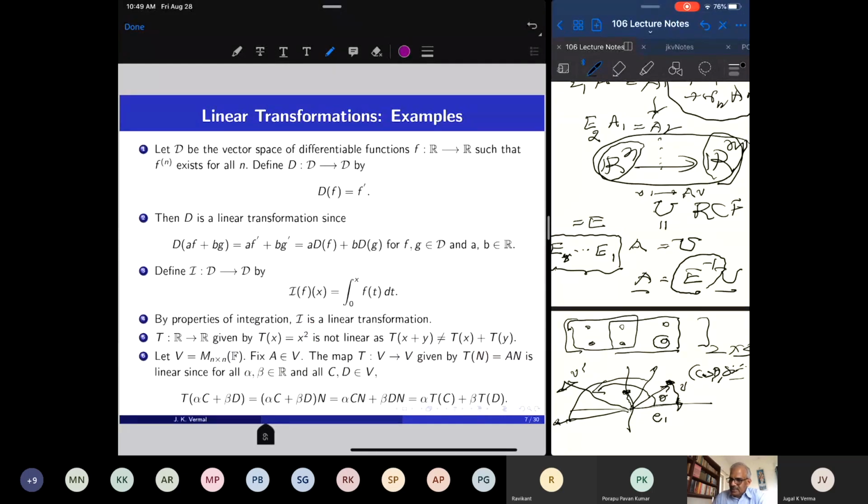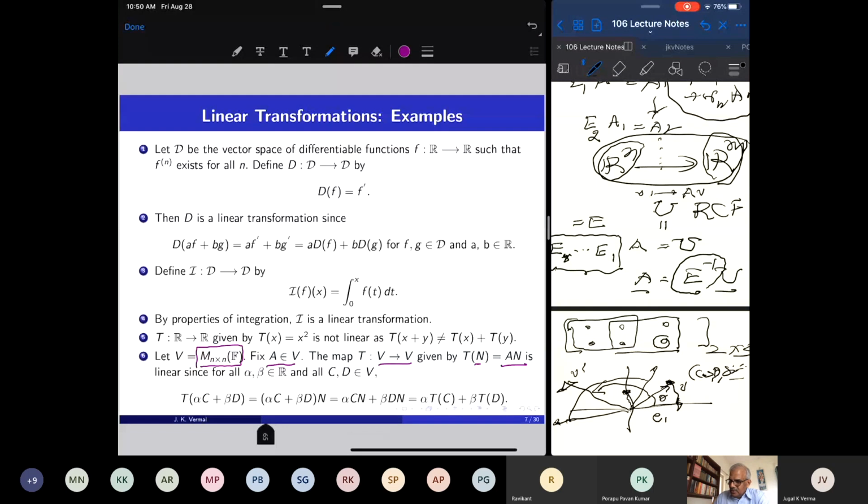Let's produce another linear transformation. Look at the vector space of n by n matrices over a field. This is a vector space of dimension n squared. Now fix a matrix A, and define a map from V to V given by taking a matrix N and producing the matrix A times N. A is fixed. The input is a matrix, and the output is obtained by left multiplying N by A, that is the matrix AN.